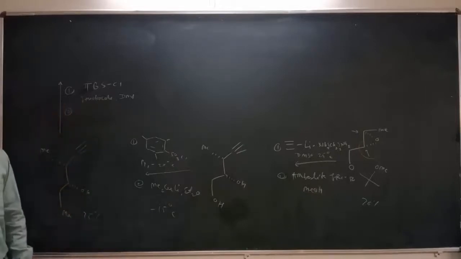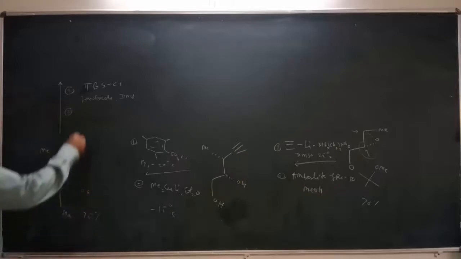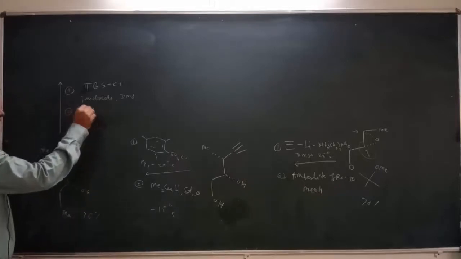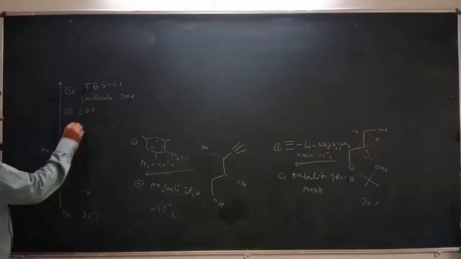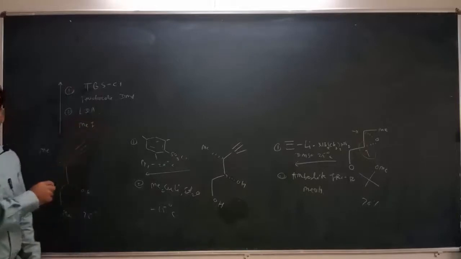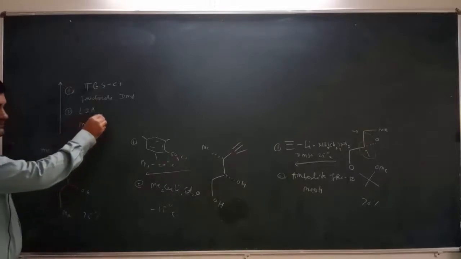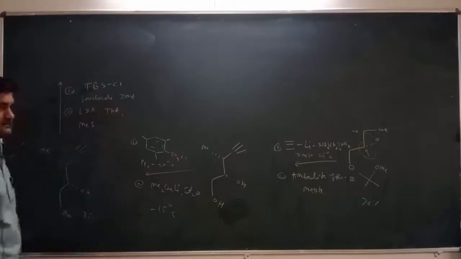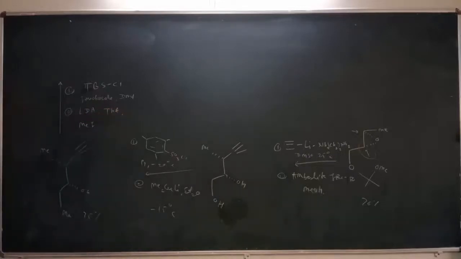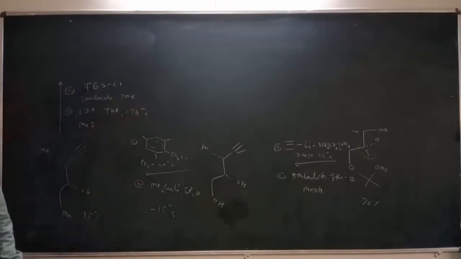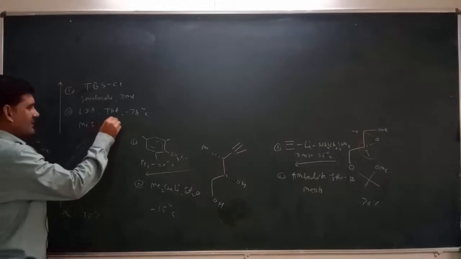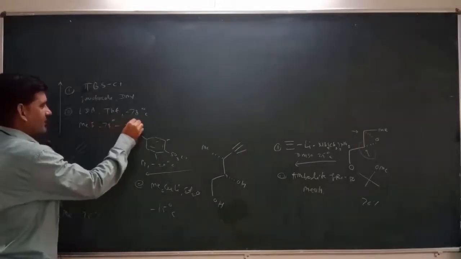Then in the second step, we can treat this compound with LDA, that is lithium diisopropylamide, and then treat this compound with methyl iodide. Here we can use THF at minus 78 degrees Celsius, and then we can treat this compound with methyl iodide at minus 78 degrees Celsius, and increase the temperature up to minus 25 degrees Celsius.